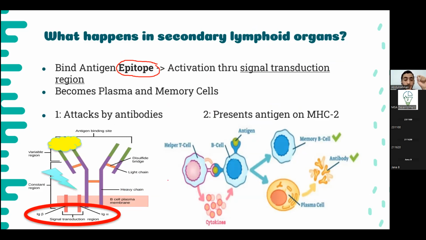It tells the cell that, oh, this receptor that we have has bound onto a specific epitope, so let's make more of this B cell receptor. Okay. So the signal transduction region tells the cell to make more antibodies that look the same, or have the same antigen binding site.